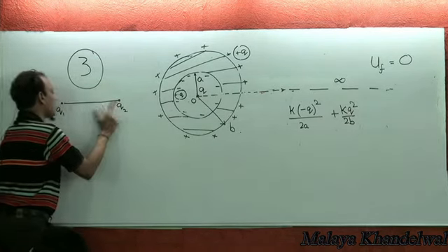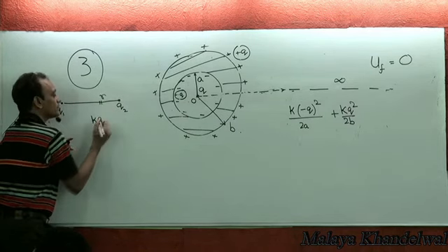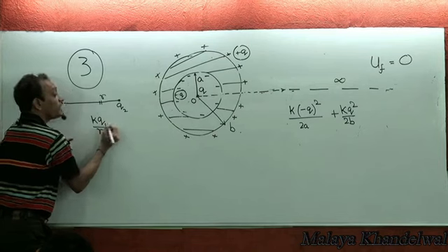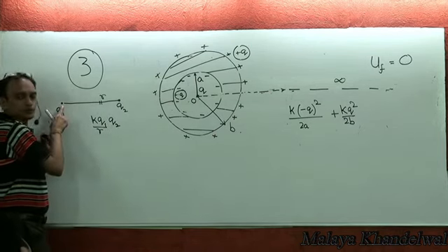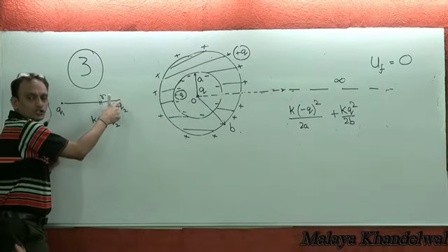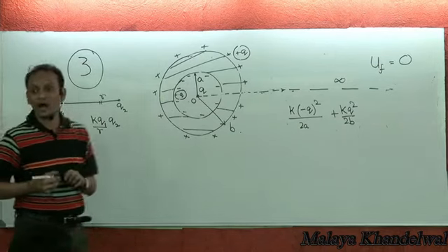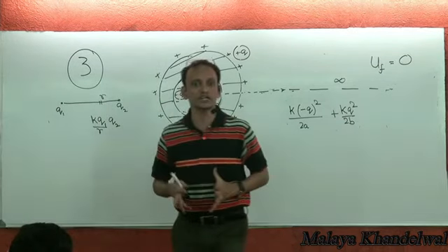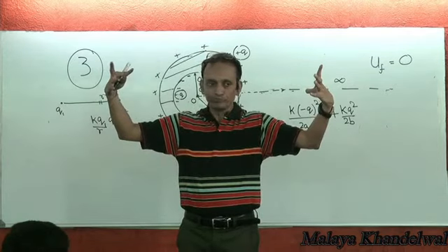Say potential at this point because of this was KQ1 divided by R, the separation, into this charge. That's the interaction energy. Or I could have computed the potential at this point because of this, KQ2 by R, into Q1. So KQ1 Q2 by R, that's how you compute the interaction energy for discrete collections, right?